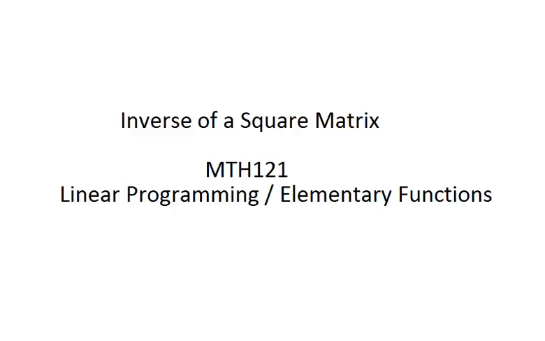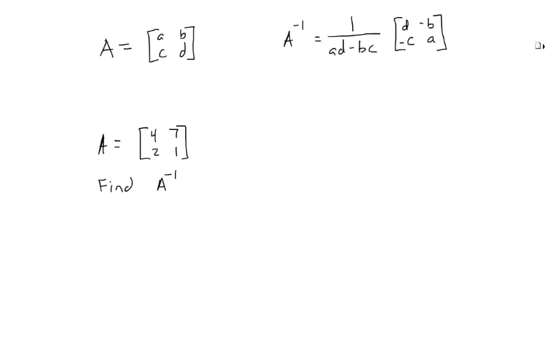In this video, we're going to look at inverses of square matrices. And in this first example, we're going to take a look at taking an inverse of a 2 by 2 matrix. So we have a shortcut for a 2 by 2.